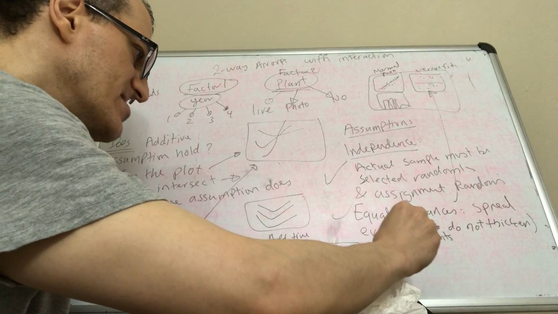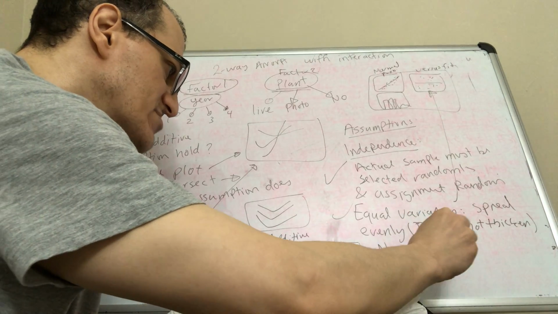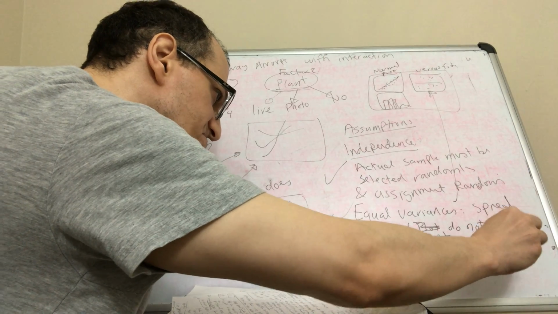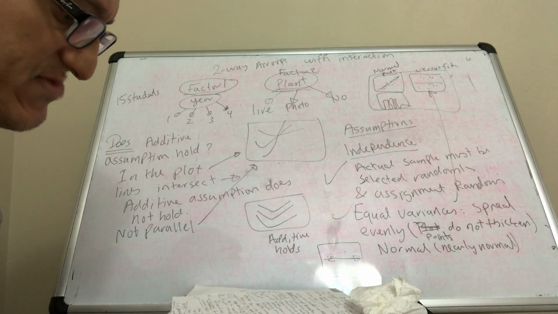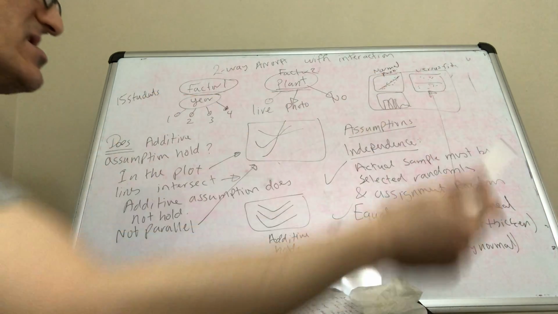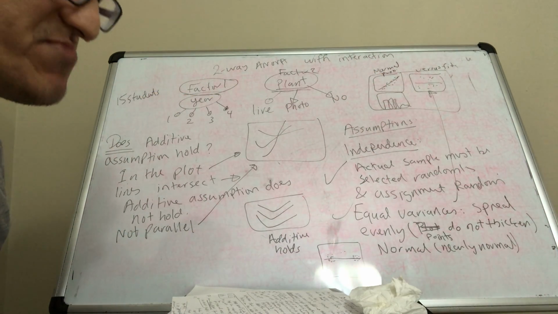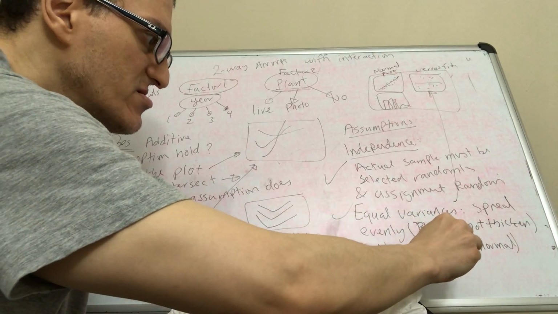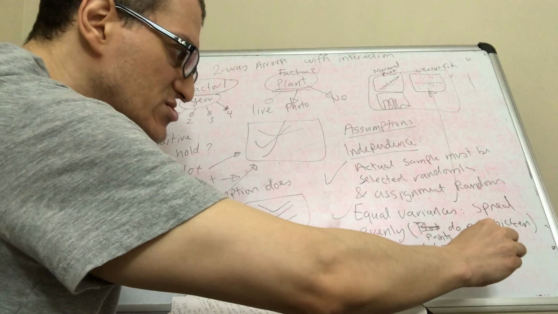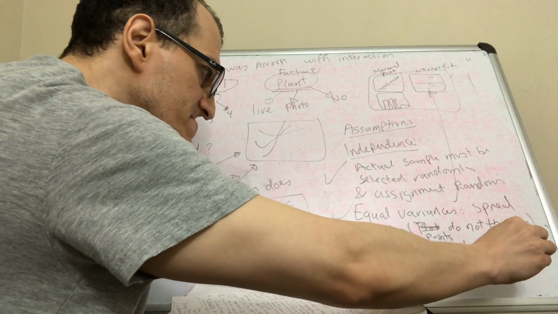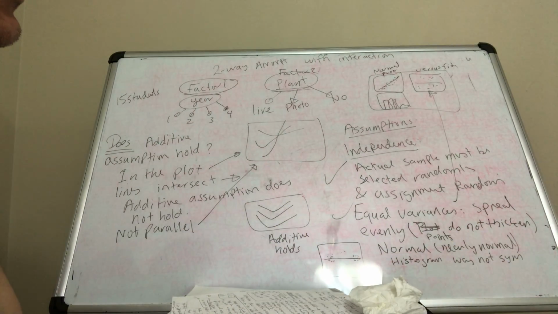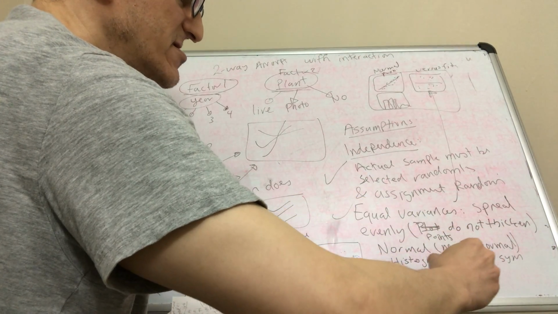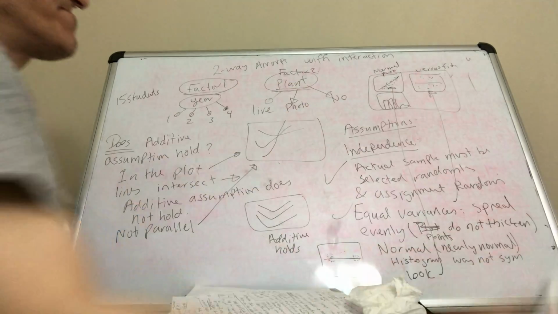There is the normal assumption, also called nearly normal assumption. You look at the histogram. In this one, the histogram wasn't perfect. So histogram was not symmetric. In this case, if the histogram is not symmetric, you look at this graph.